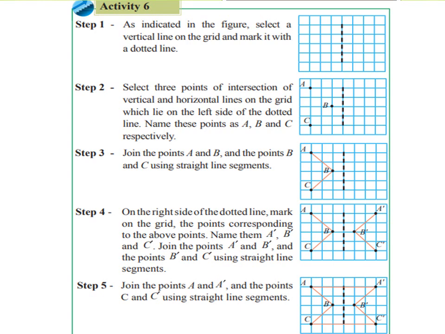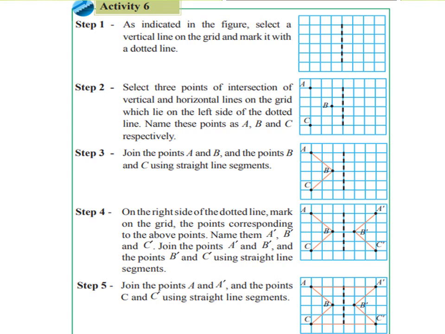On the right side of the dotted line, mark on the grid the points corresponding to the above points named A with a comma on the top, B with a comma on the top and C with a comma on the top. Join the points A with the comma on the top and B with the comma on the top and the points B with the comma on the top and C with the comma on the top using straight line segments. Step 5. Join the points A and A with the comma on the top and the points C and C with the comma on the top using straight line segments.